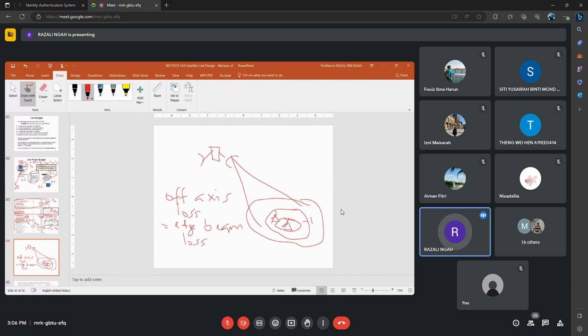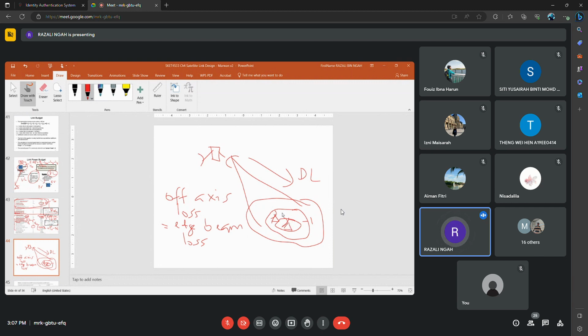So this refers to the same thing. Edge beam loss refers to off-axis loss, meaning for downlink, your earth station antenna is not located in the center of the footprint.